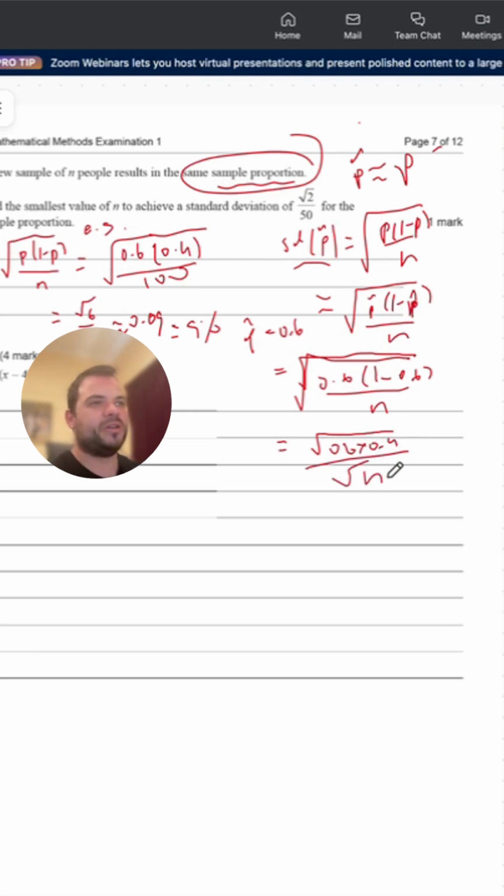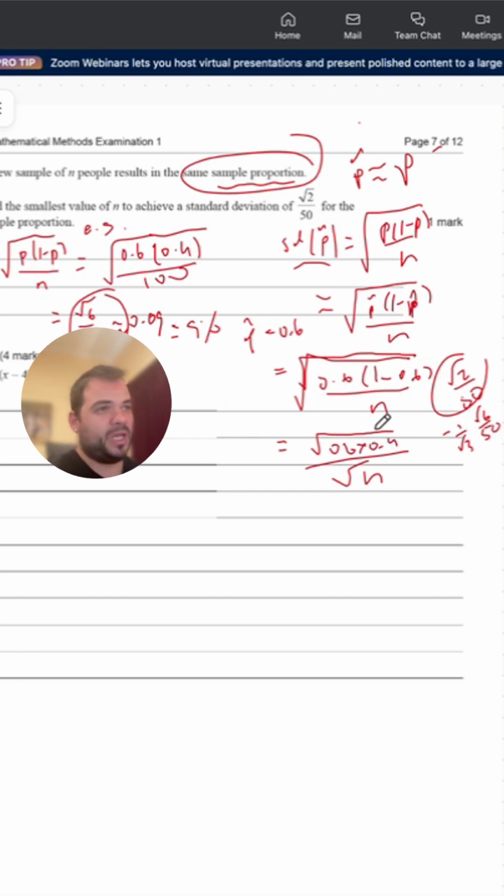Now, this calculation looks very familiar because it's exactly what we did in 5C part 1. In 5C part 1, we got an answer of root 6 on 50. But we want root 2 on 50, which is equal to 1 on root 3 times root 6 on 50.